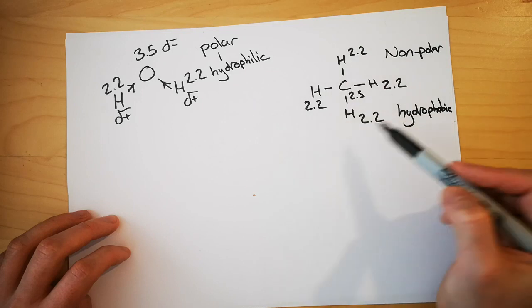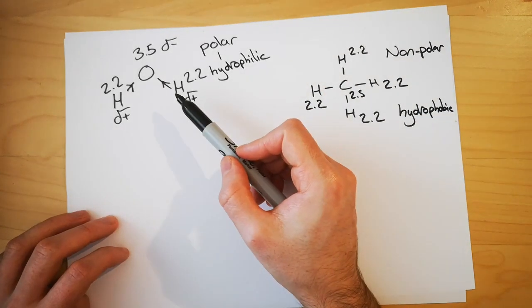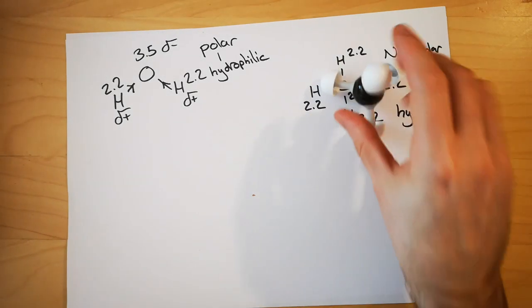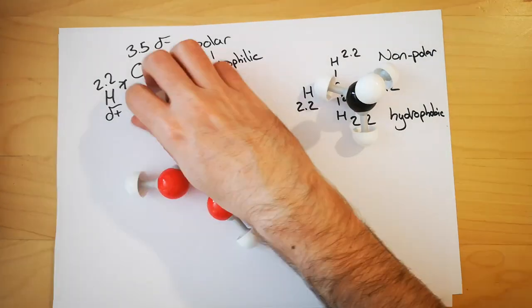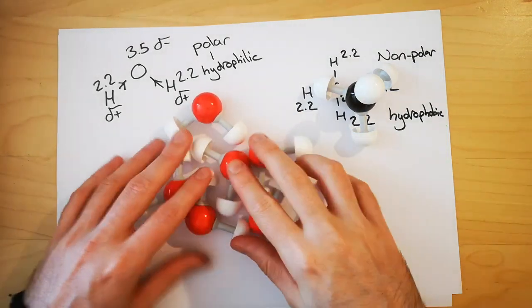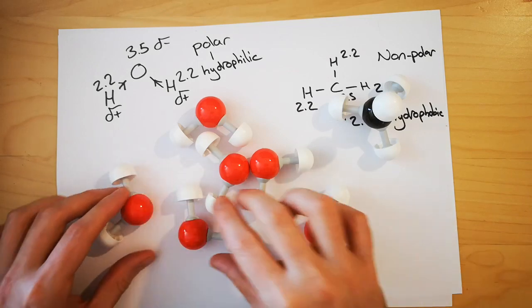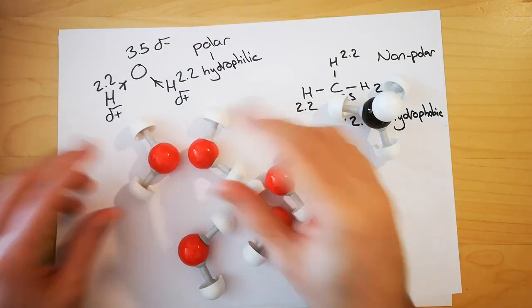Really, the non-polar substances are going to be excluded by the water, and I can hopefully display this using our methane that's here and a few water molecules like this, and then I'm going to show you what happens in real life. So these water molecules, the oxygens are not going to want to come together.